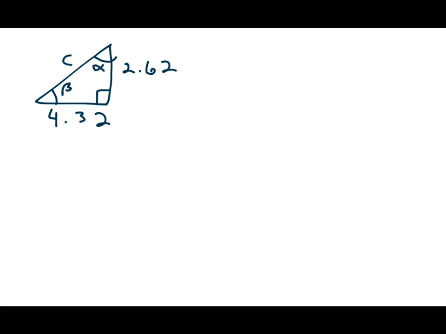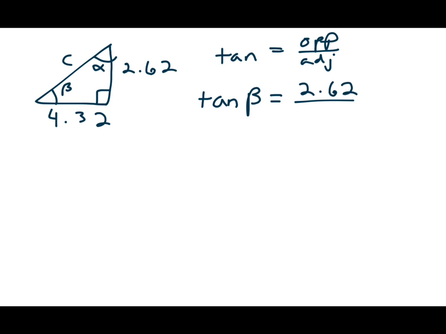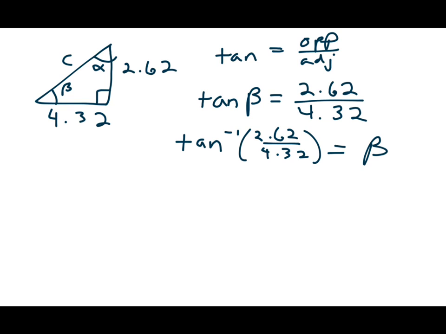We don't have the hypotenuse, so we need to use a trig function that doesn't include hypotenuse. Now, tangent is opposite over adjacent. That doesn't include the hypotenuse, and we know our opposite and adjacent. So let's say tangent of beta is 2.62 over 4.32.